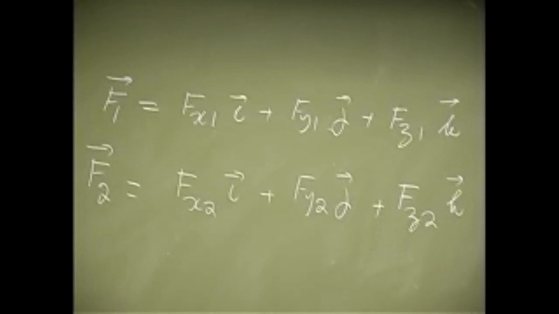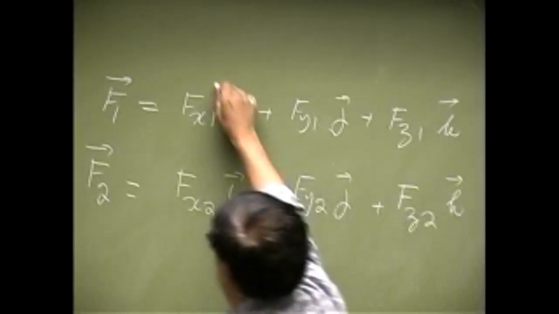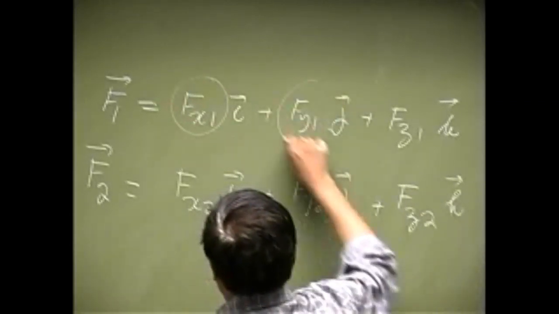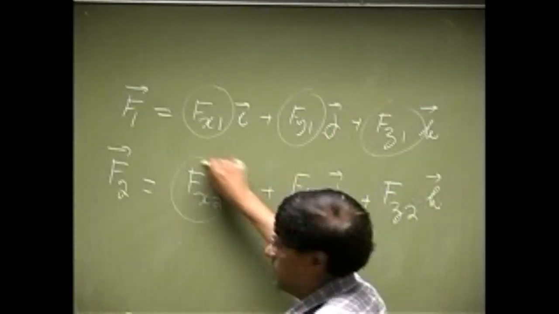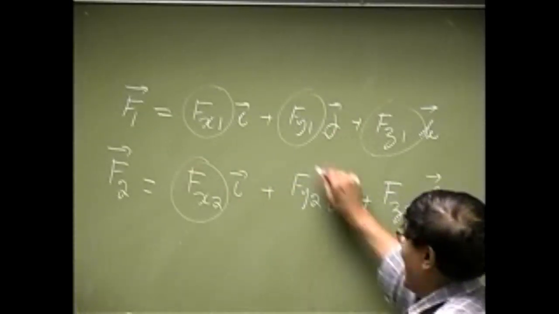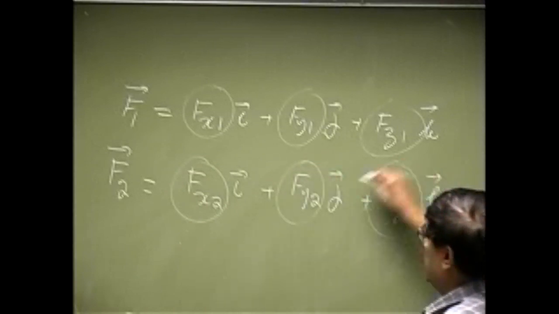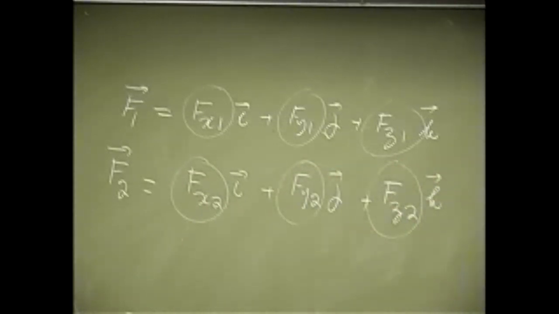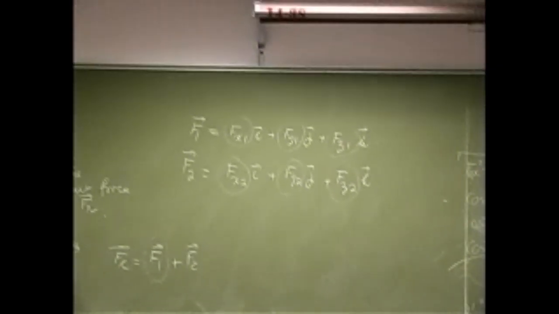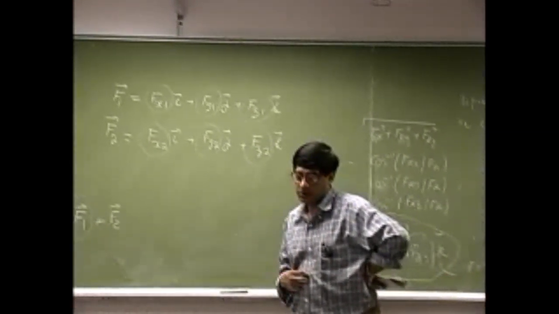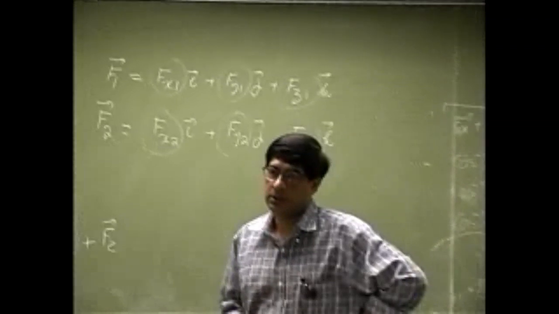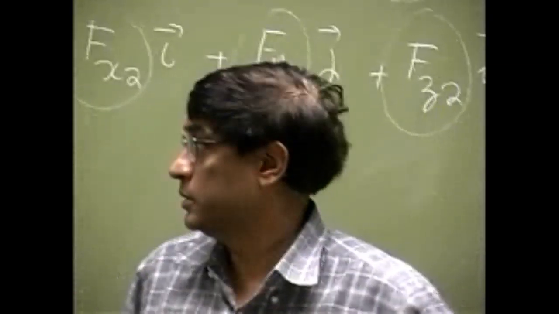So we need the components Fx1, Fy1, and Fz1, and we need Fx2, Fy2, and Fz2. So how do we go about doing this? Let's say you want to look at the first force, and you want to find the components Fx1, Fy1, and Fz1 given that information.